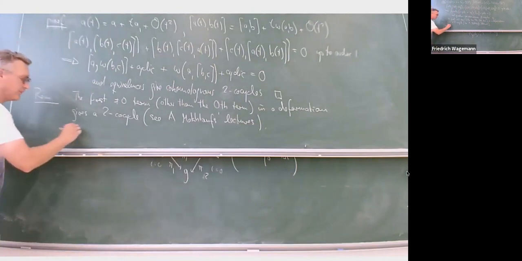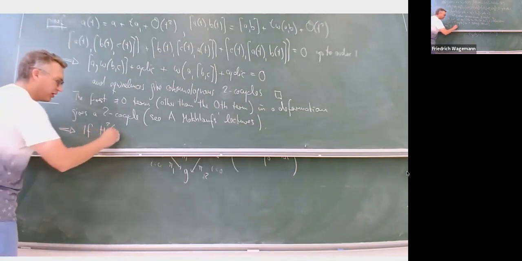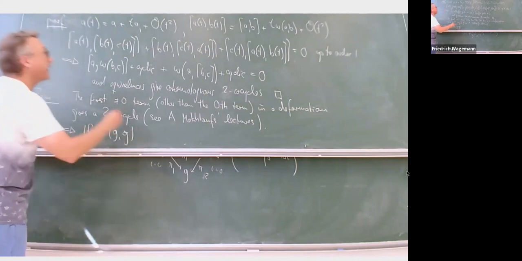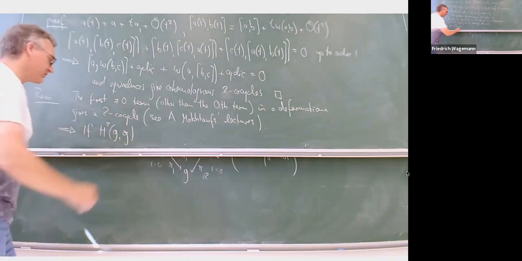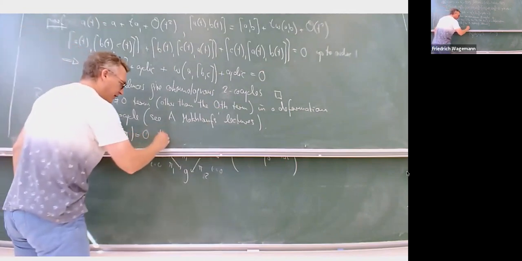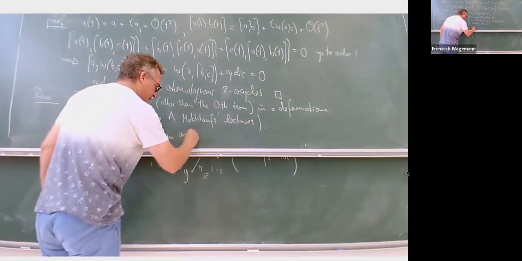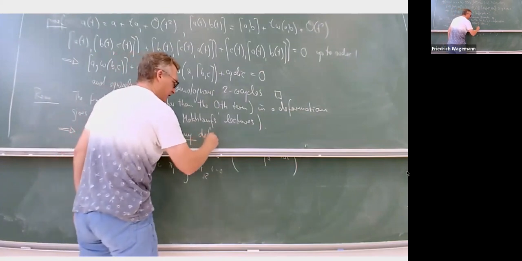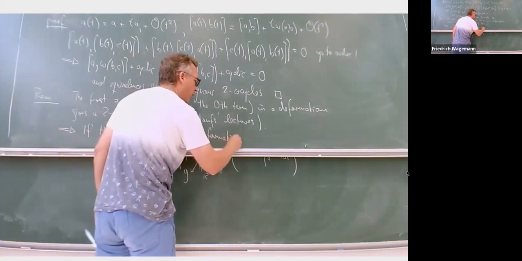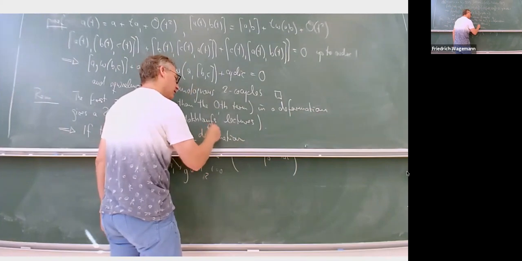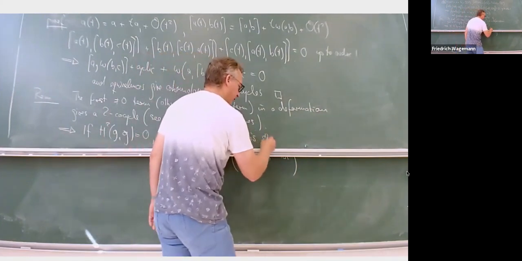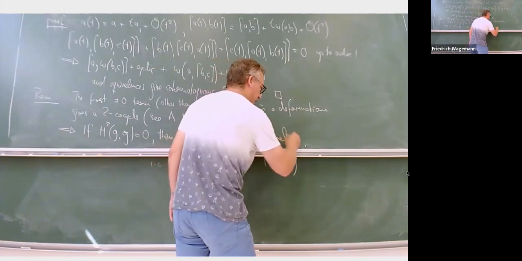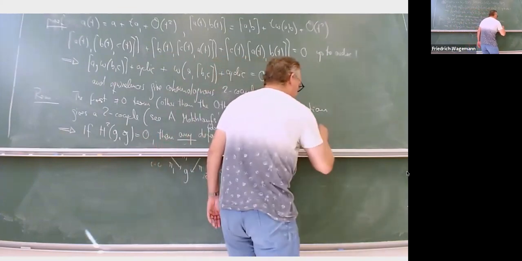So if H2 of G, with values in the adjoint action, is 0, then any deformation, formal or polynomial, is equivalent to the trivial one.